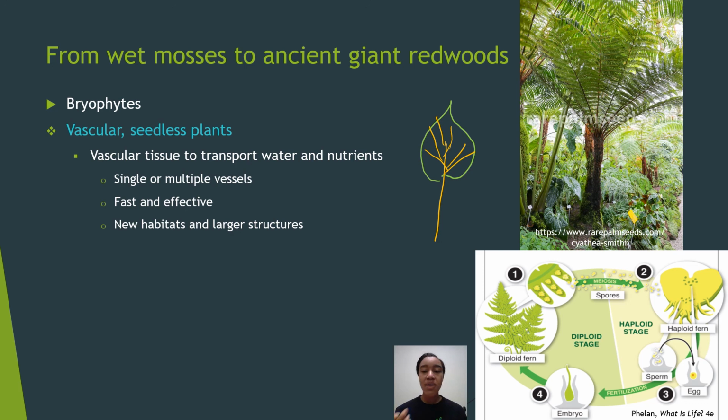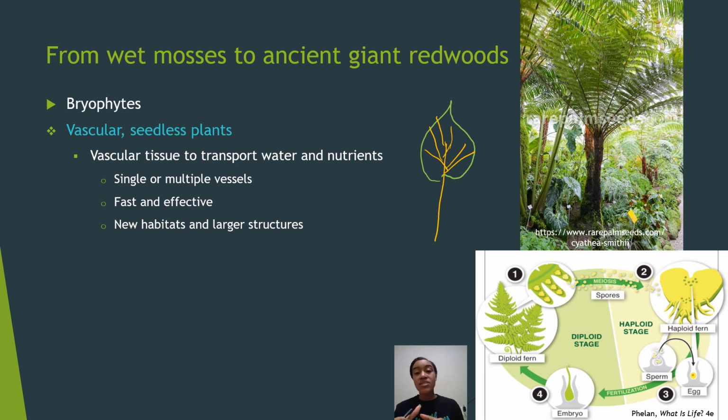And this method is almost like a circulatory system for plants, and it's actually faster and more efficient than using diffusion. When you're using diffusion, it's slow and it also limits your size. The bigger you are, the less efficient diffusion is, and diffusion is not able to effectively get nutrients to cells and structures that are contained within a dense mass.